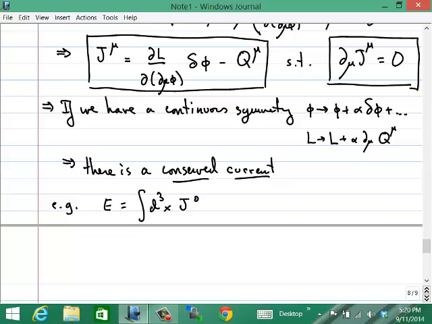So if you have a symmetry, then that guarantees you the existence of one of these vectors that obeys this conservation law, d mu j mu is equal to 0.